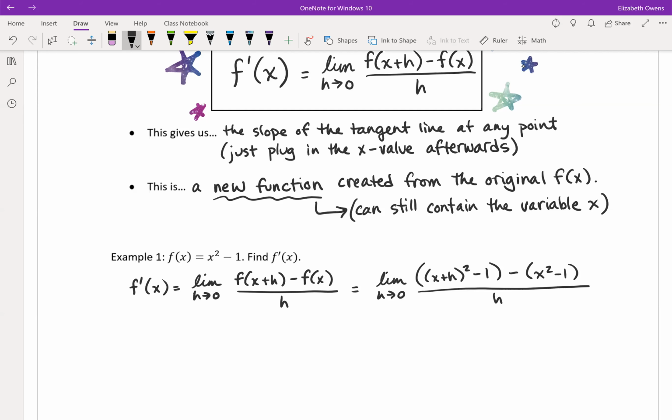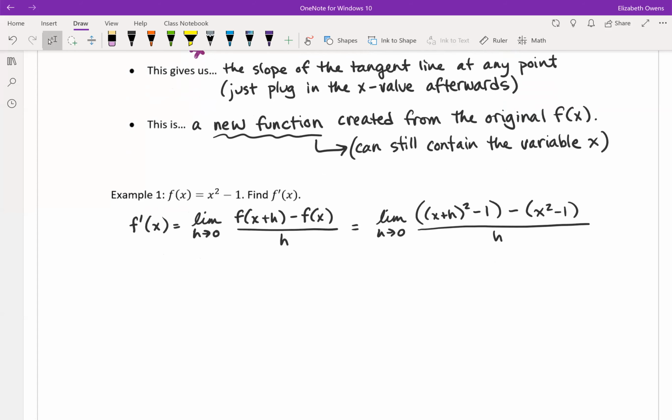And now this is going to look kind of familiar. We're going to expand some things out, try to simplify. We've just got a variable in there of x. So let's expand that x plus h squared. That would be x squared plus 2xh plus h squared.